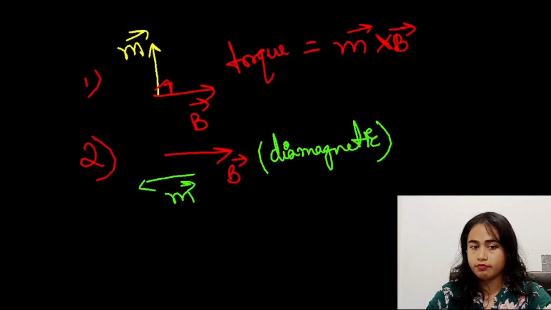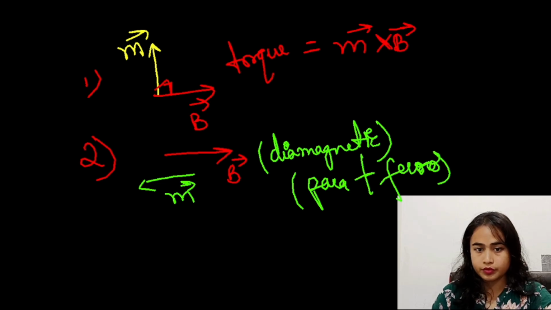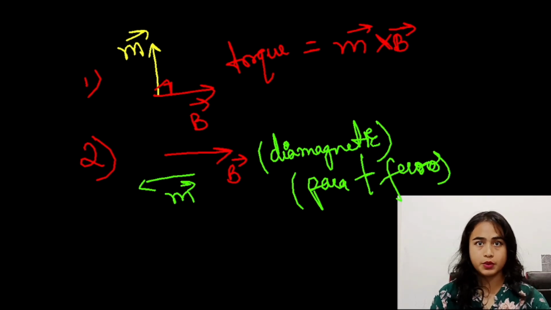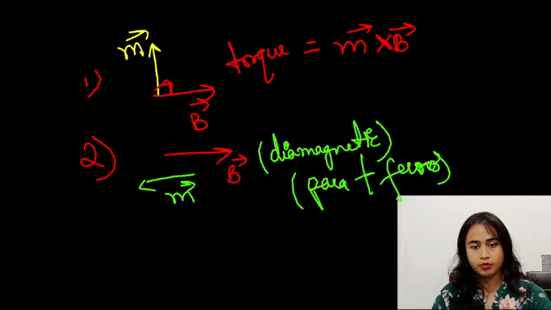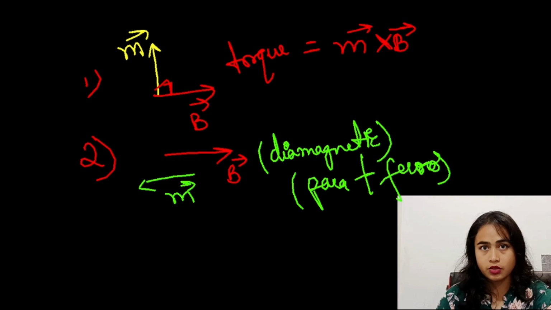You should know that even para and ferro substances are diamagnetic in nature. All substances are diamagnetic in nature, but a certain shift in para and ferro is what makes them different from diamagnetic, which we'll be discussing in later videos.